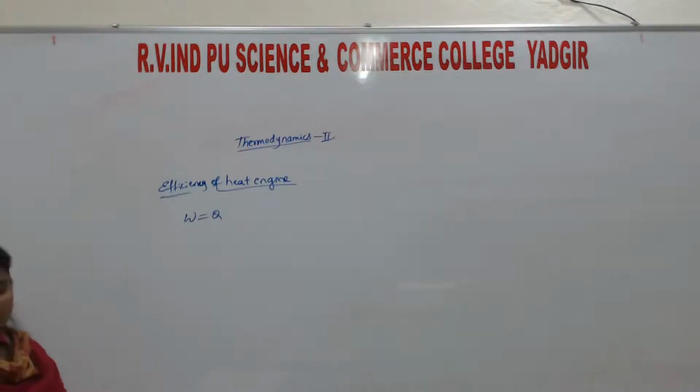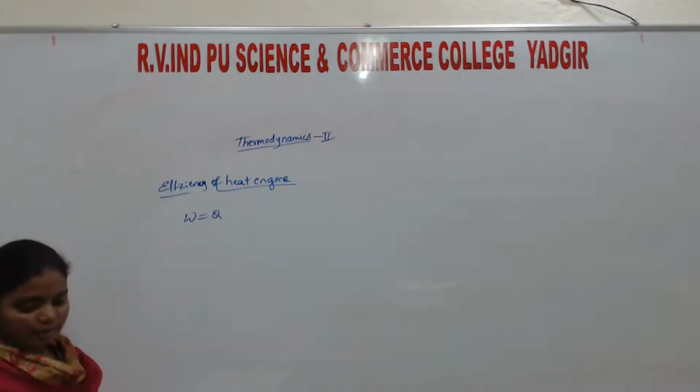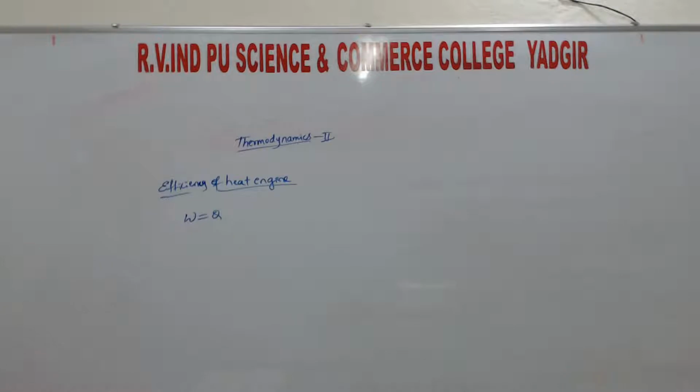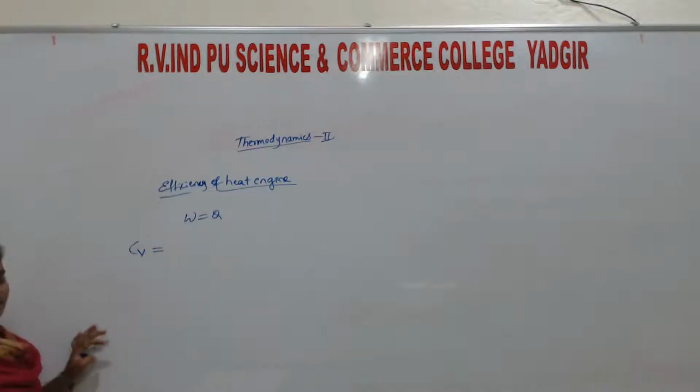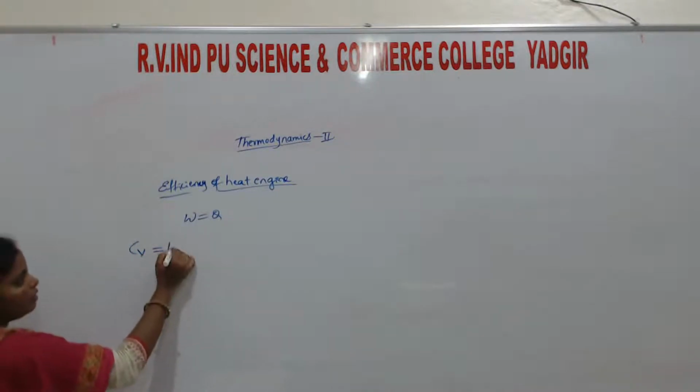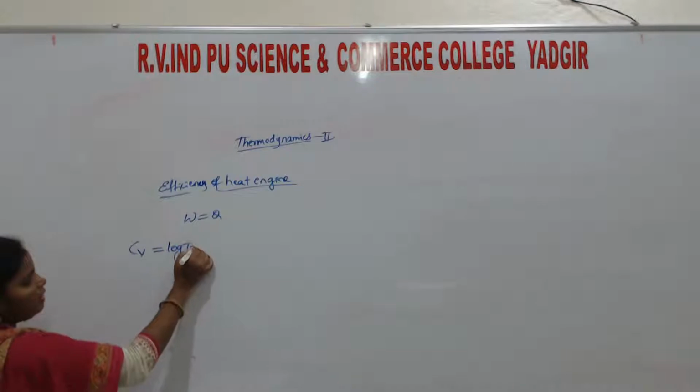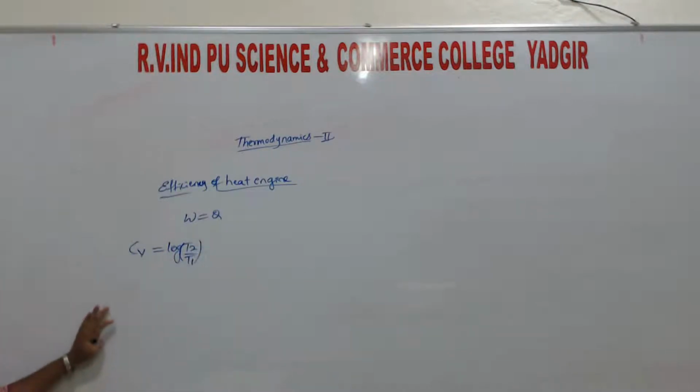as discussed already before, in the case of adiabatic expansion of an ideal gas. Cv log of T2 by T1.